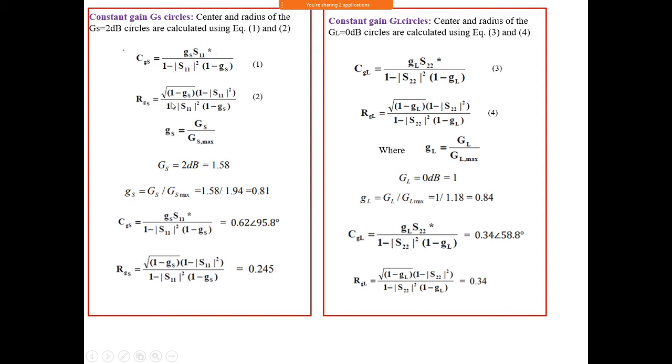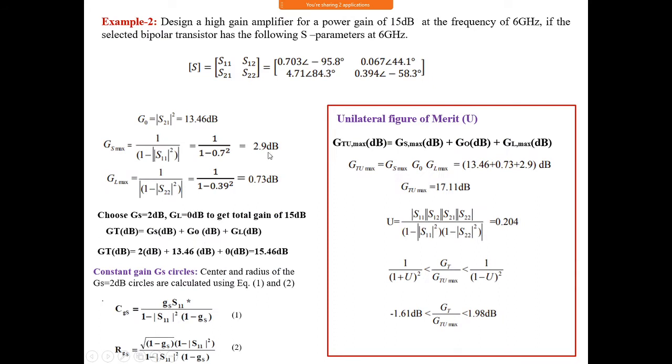Input gain circles, GS equal to 2 dB we needed. For that, we take GS divided by GS maximum. GS is what we needed, 2 dB. You should convert that into a ratio, and we will get this value, 1.5. Substitute that here. Similarly, GS maximum is this value, 2.9 dB.